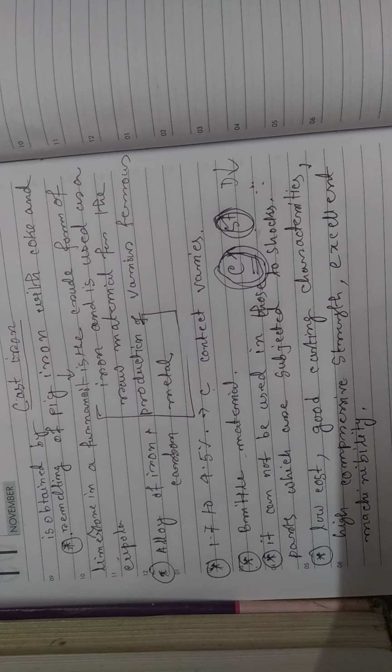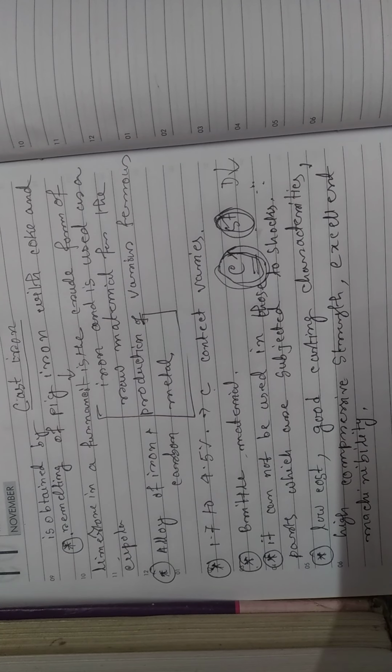Now, as you know, normal steel is basically plain carbon steel.